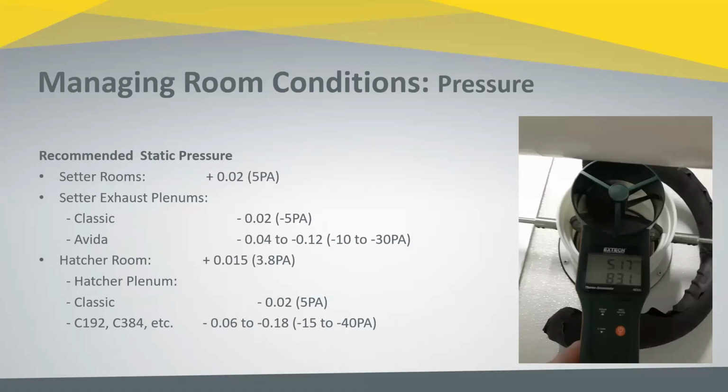Anything above or below the minimum requirements, you can be air cooling a machine too much if you set it too negative, or if you don't set it negative enough, you adversely affect the ability to provide adequate oxygen to the embryo. That's why I always focus on making recommended measurements on the machine and knowing what your actual CFM of air through the machine is, to make sure you're not outside of that range.